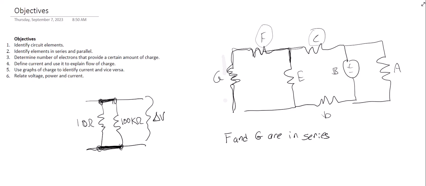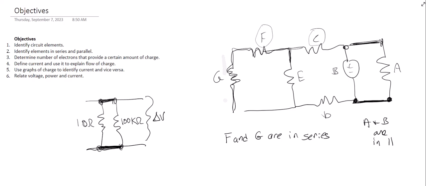It's actually going to be A and B, because even though they're not the same type of thing, these are in parallel, because we can see that this end is connected by a conductor, this end is connected by a conductor, there's nothing in between. So A and B are in parallel.